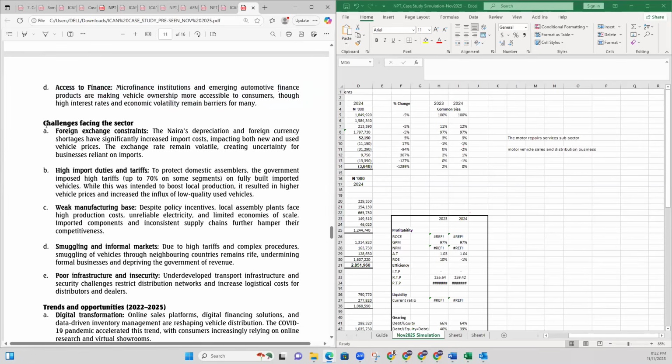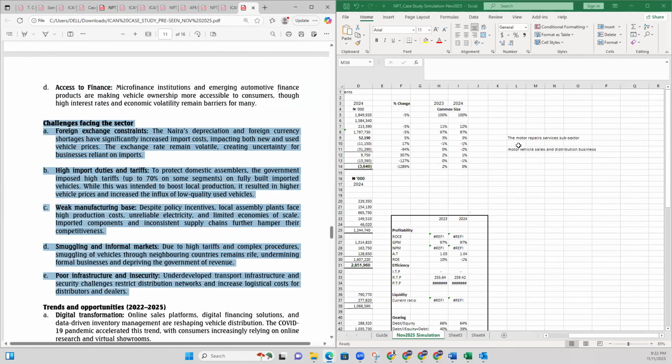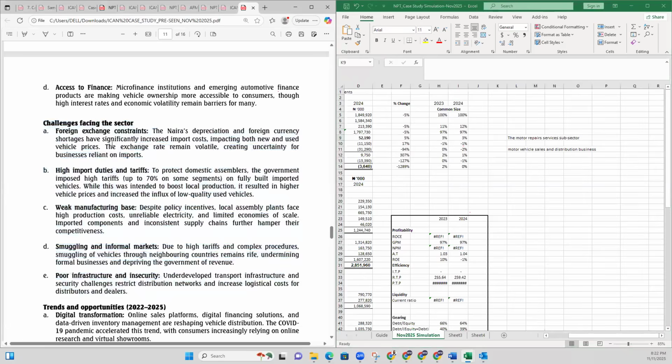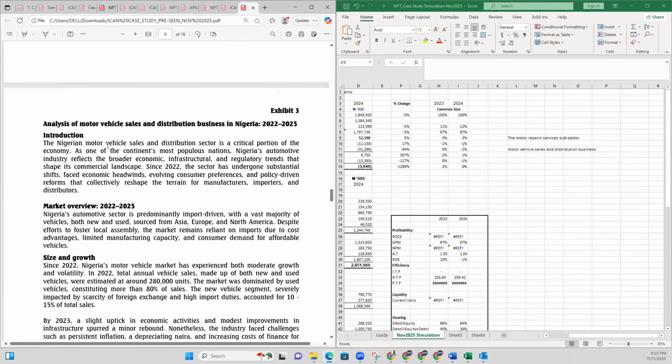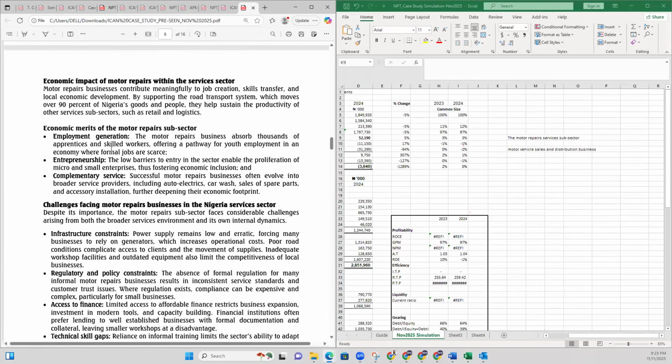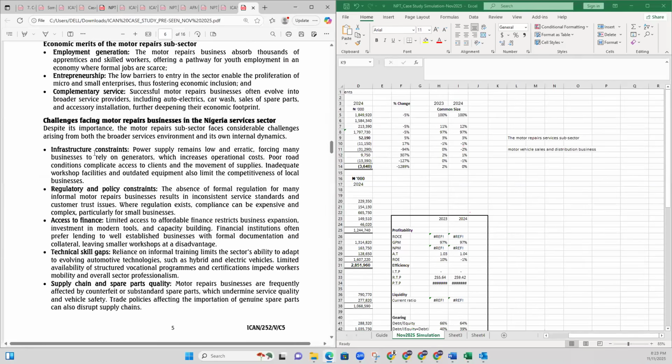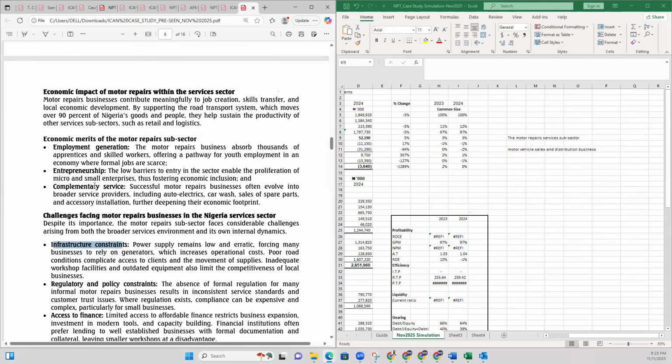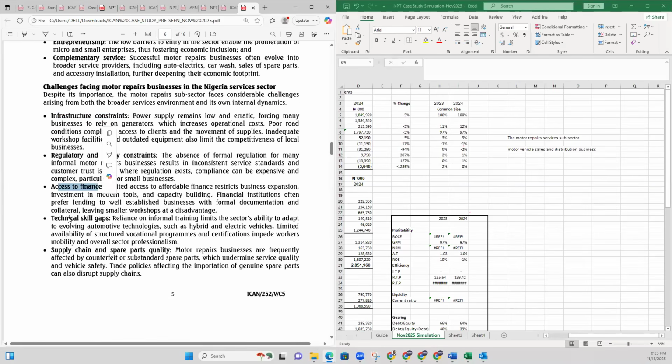I mean, we also have challenges facing the sector, and I hope we are connected in this class. Stay connected though. What we looked at before was motor repair services, where we were talking about challenges like infrastructure constraint, access to finance, and skills gap.